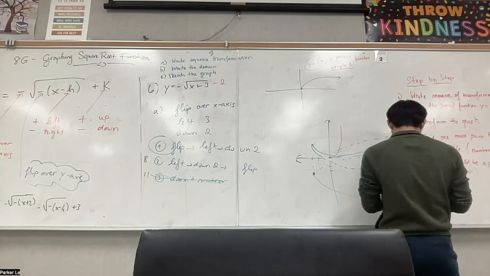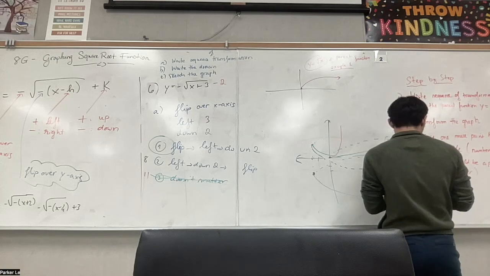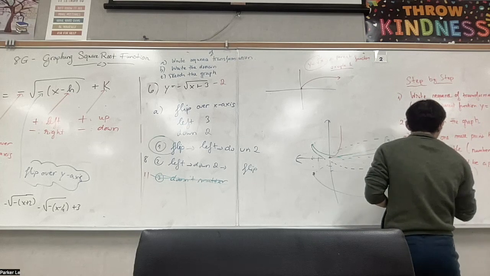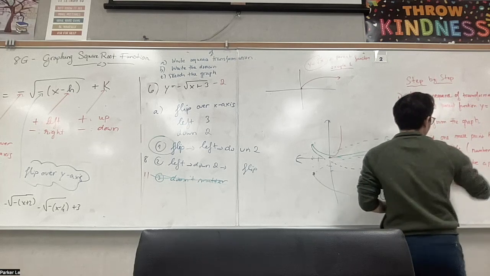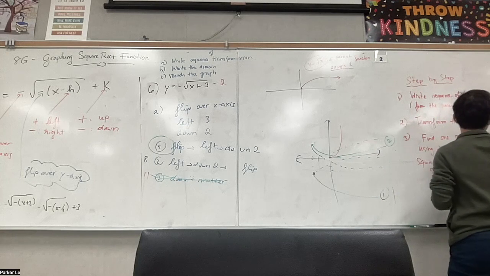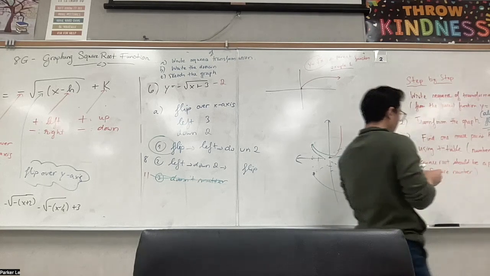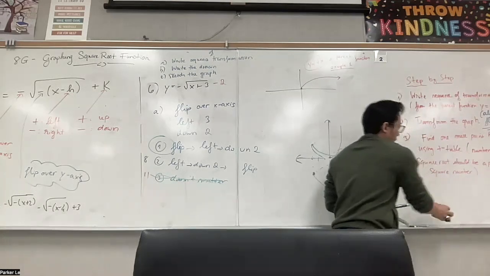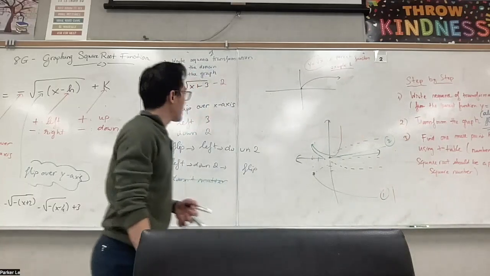Okay, and then the note here is always flip first. Transform the graph, but always flip first. I know you guys like note step by step, so that's the note for you.